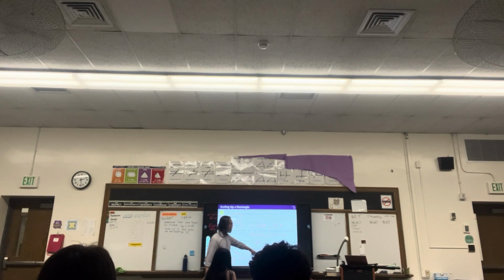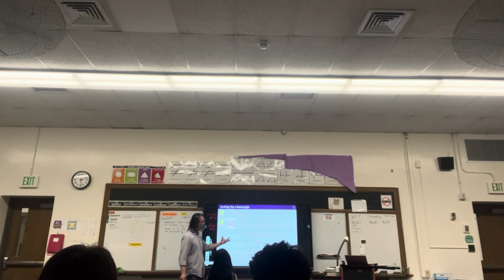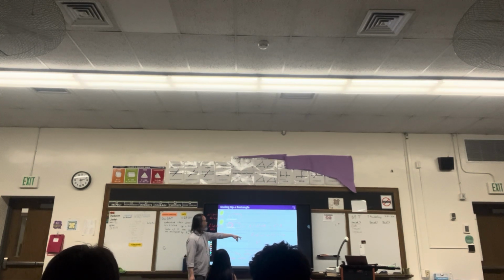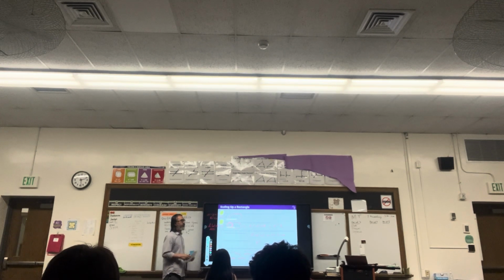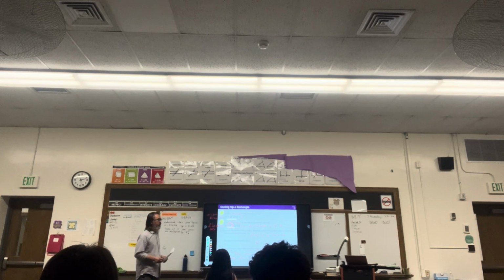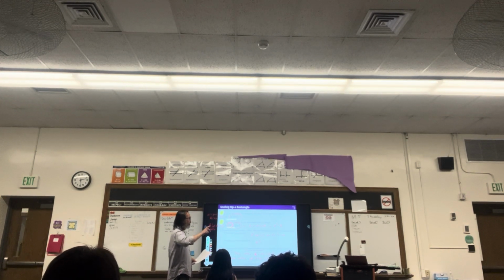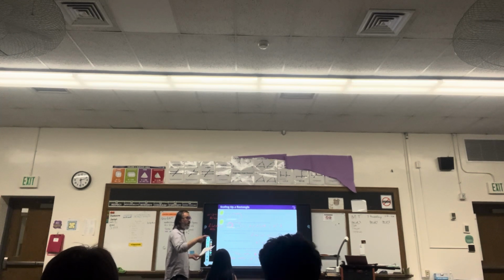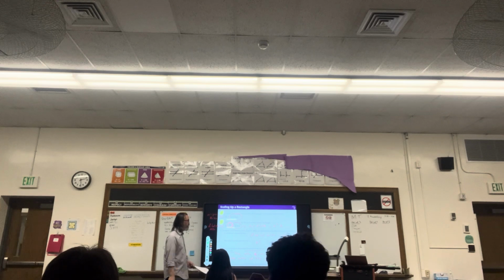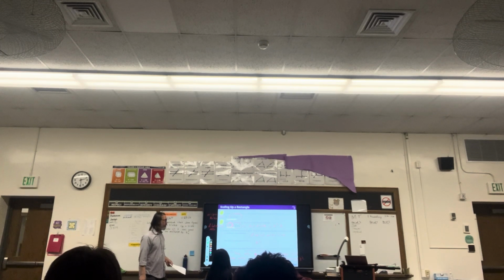The area of a dilated image is equal to the area of the original multiplied by K squared. Okay. So if we know the area of the original, and we know the scale factor, can we find out the area of the new? Yeah, we can, right? So that's what we're going to be doing.